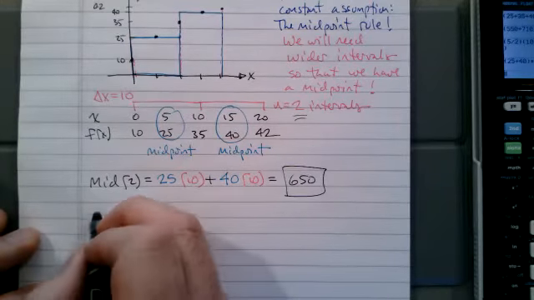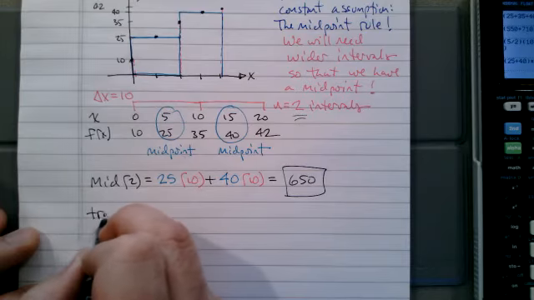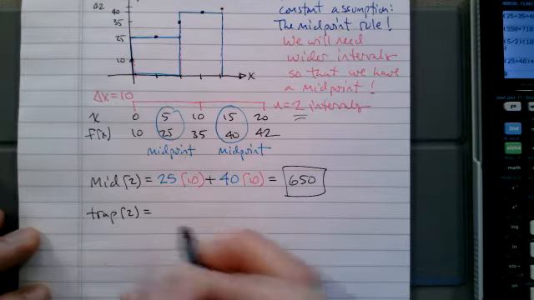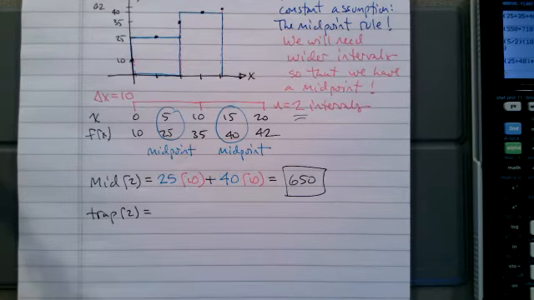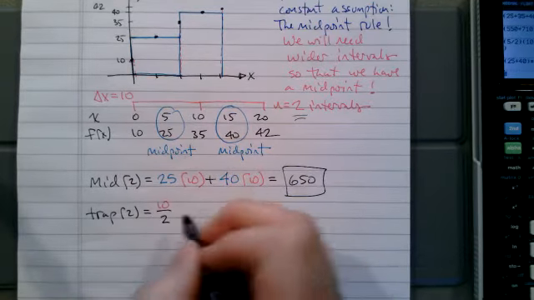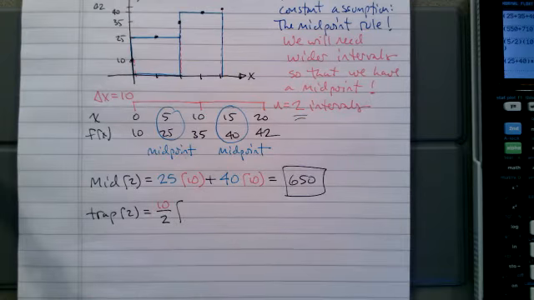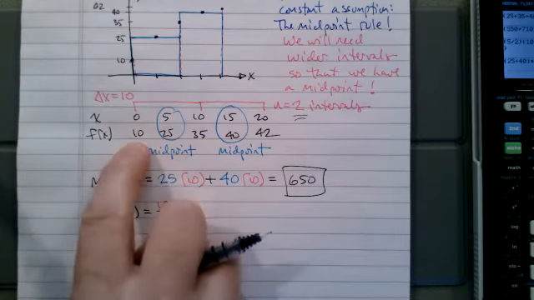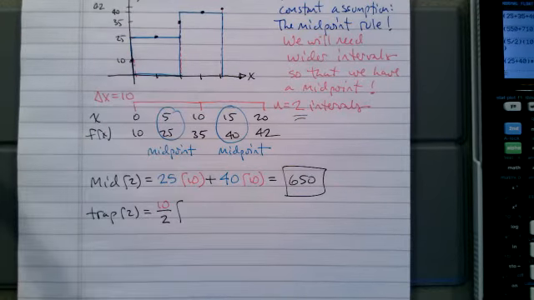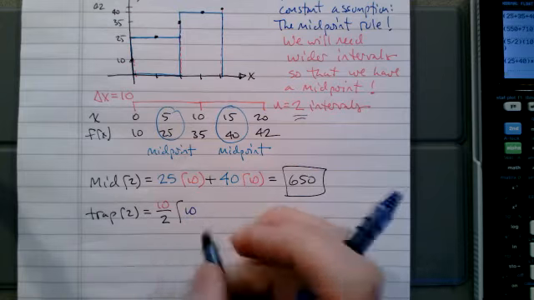If we did the trapezoidal rule for 2 subintervals, let's see, our delta x is 10, we have to divide it by 2 because of the trapezoidal rule, because of the average. And I would use the first entry. Oh, it would be 10.